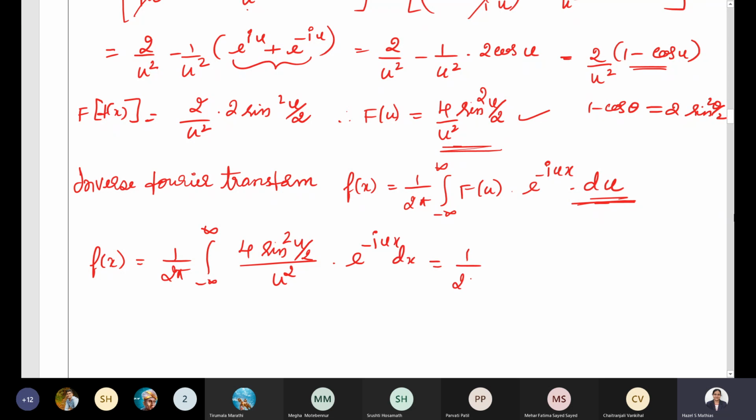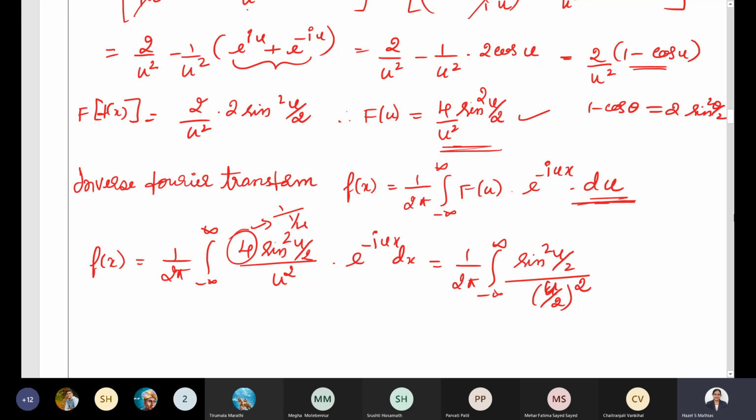That is equal to 1/2π into the integral from minus infinity to plus infinity. This 4 I have written as 1 divided by 1/4, so it becomes sin²(u/2) divided by (u/2) whole squared, since u²/4 is (u/2) whole squared.